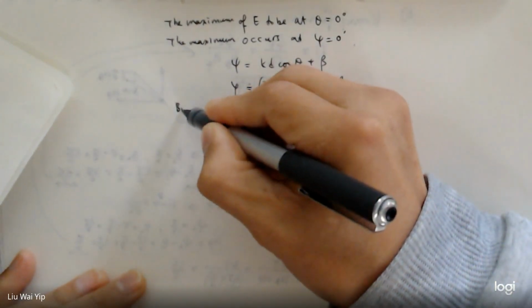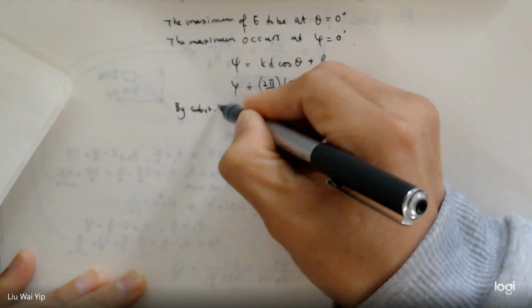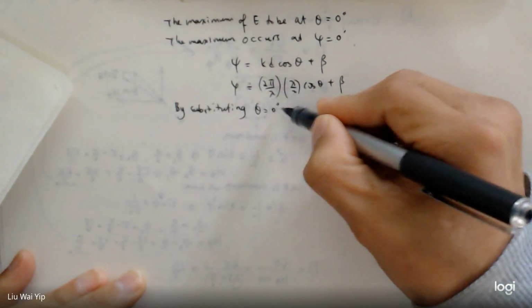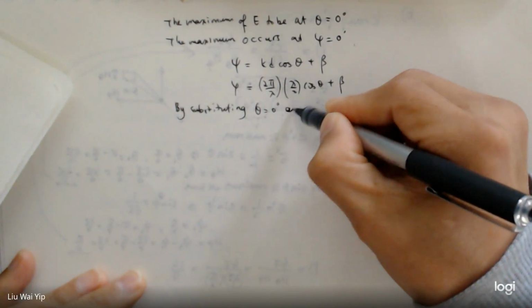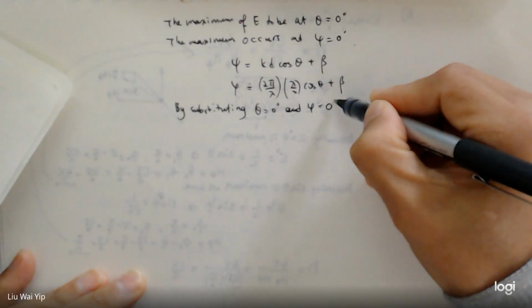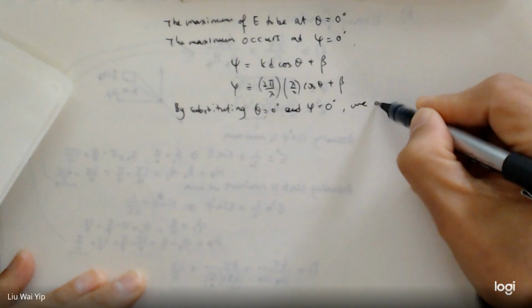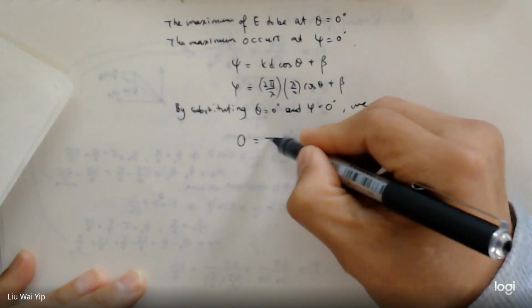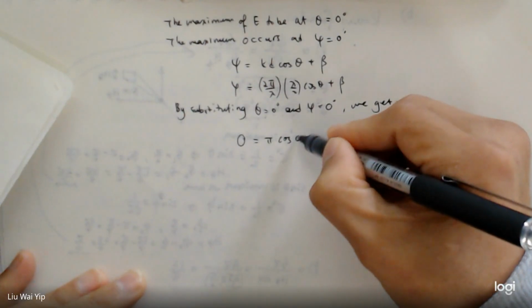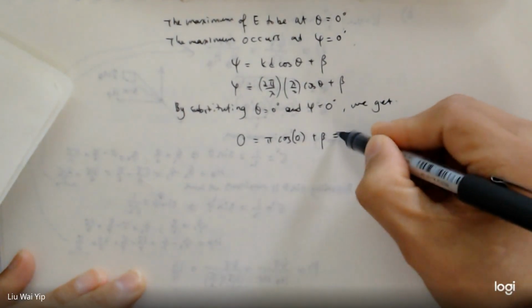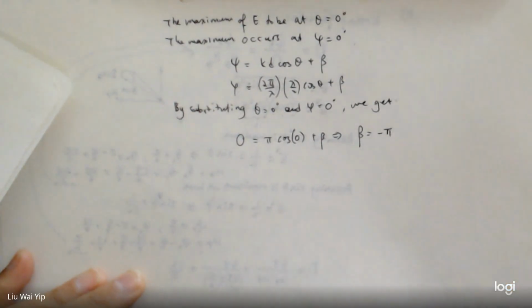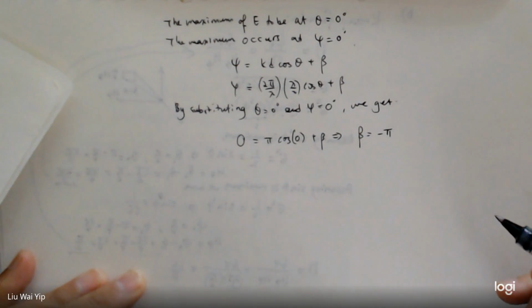So by substituting theta equals 0, we get pi cosine 0 plus beta. So obviously, under this condition, beta is equal to minus pi. Okay, I hope this is clear.